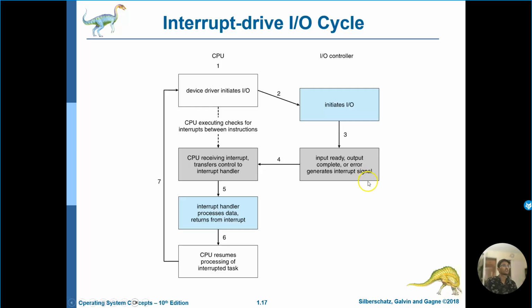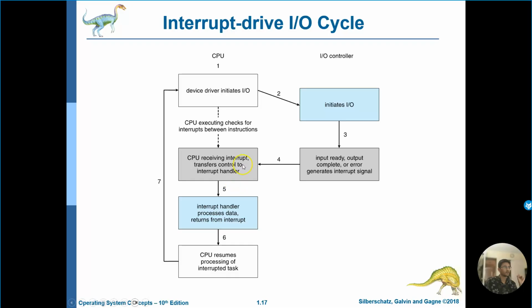Then the error generates an interrupt signal. And then the CPU is checking if there are any interrupts that it has received, but until then, it lets the controller do its thing. Then the CPU receives the interrupt and transfers control to the interrupt handler.